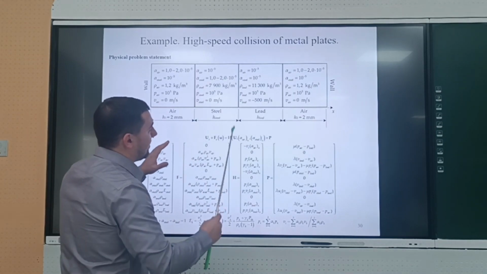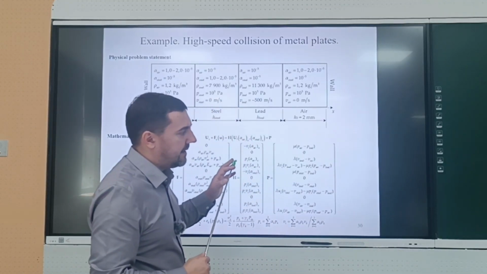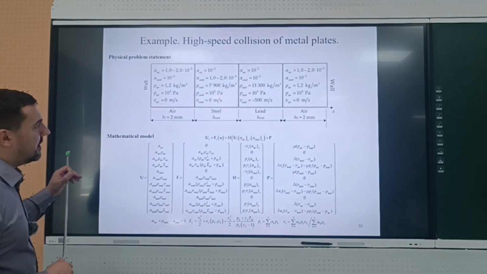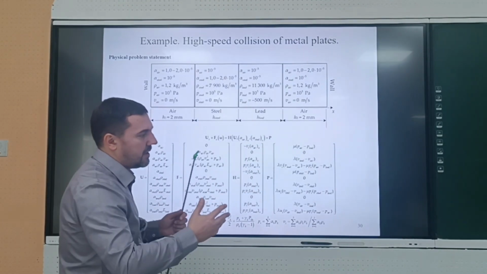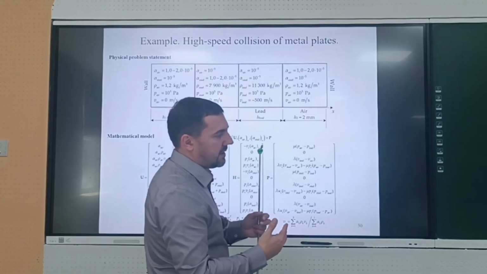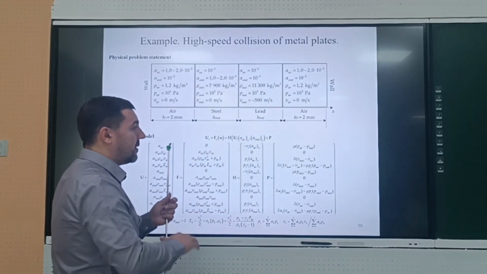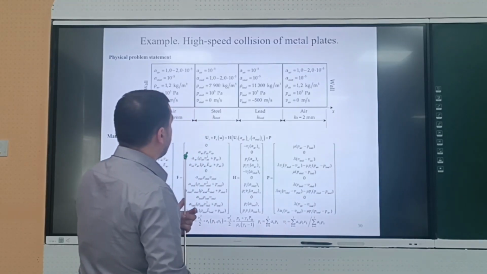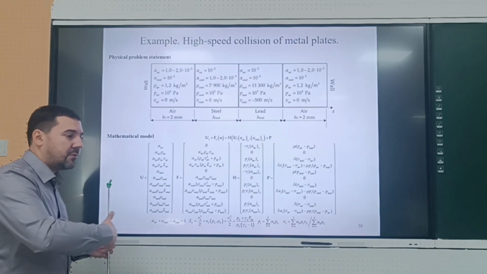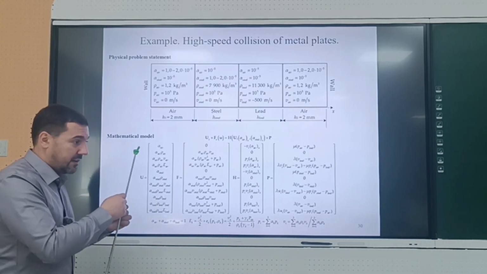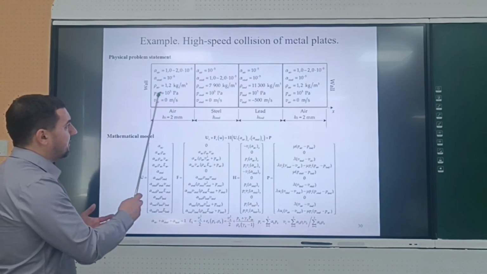For sure it has been computed for ages, and I was interested in developing a model for computing such problems using a shock capturing approach. If you use a Lagrangian approach, it's possible to consider the problem of impact, but not the development of instability. It's much more difficult. The idea was how to apply the model for shock capturing simulation of this problem without consideration of the interface boundaries.